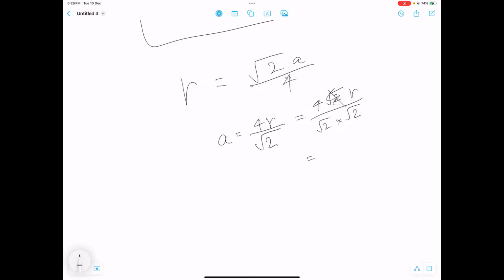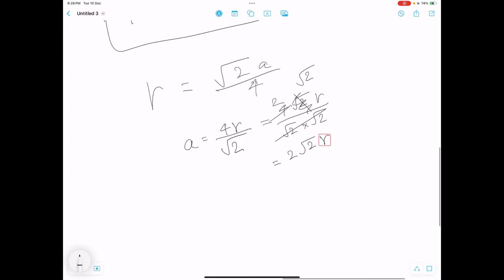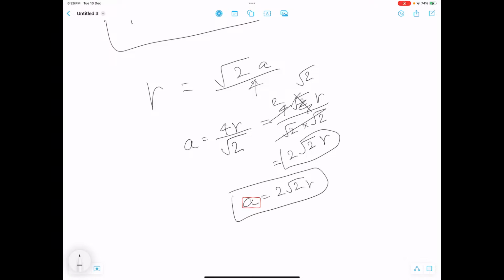Root 2 into root 2 is equal to 2. So 2 root 2 r. This is called rationalization. Fine, so you get this as the relation between a and r. Finally, you have reached the destination.